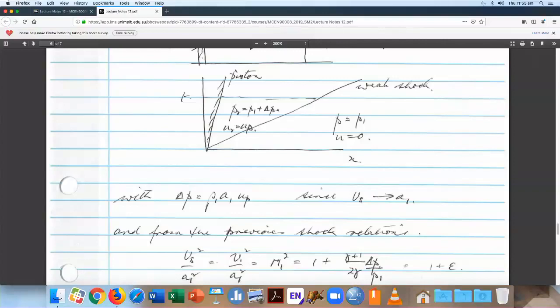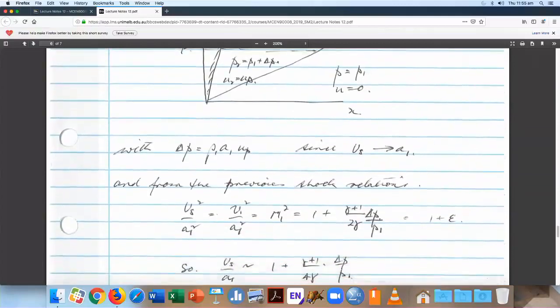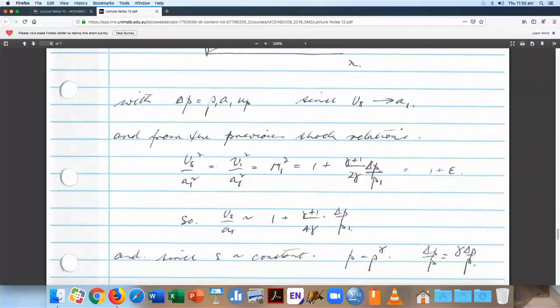So for a very weak wave, delta P is ρ1 A1 times the velocity UP of the piston, but UP is very small. US over A1 squared was V1 squared over A1 squared, which was M1 squared, which was 1 plus gamma plus 1 over 2 gamma delta P over P1.